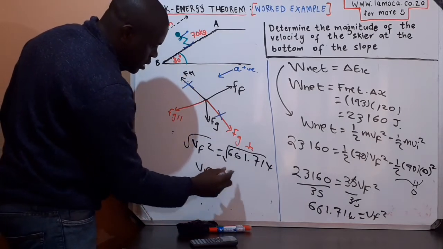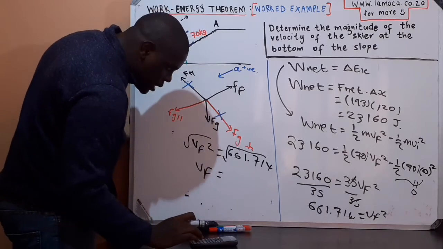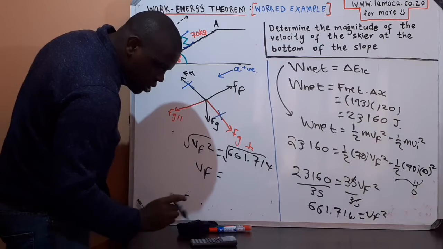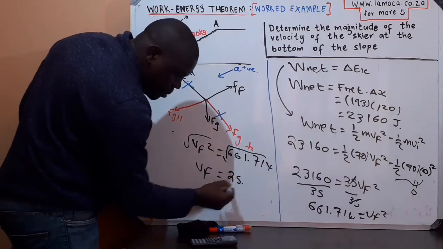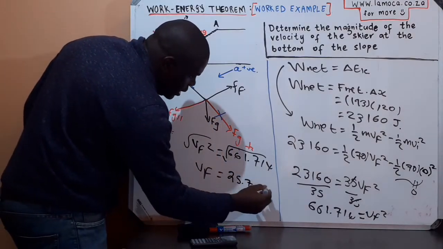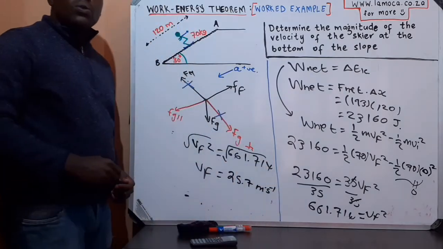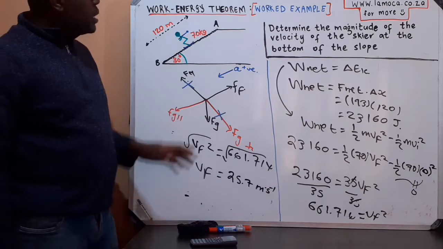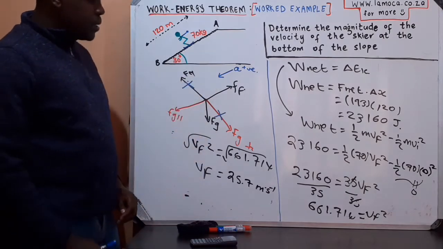Your final velocity is going to be the square root of 661.714, which equals 25.7 meters per second. So that's the final velocity, or the speed of the skier when he gets to point B, starting from rest at point A.